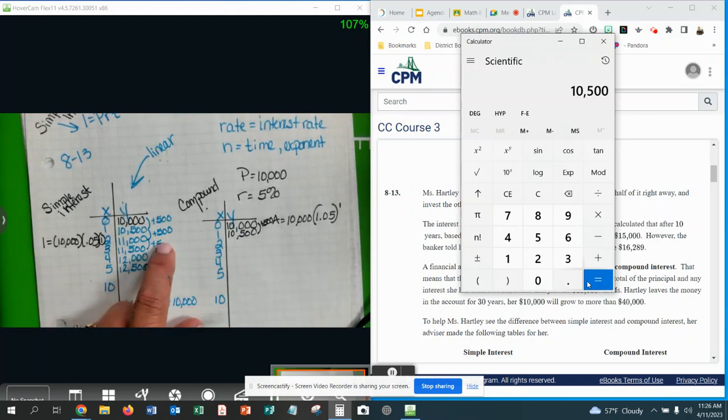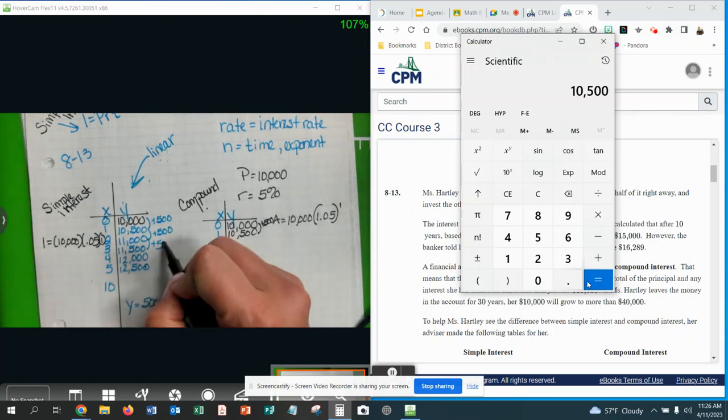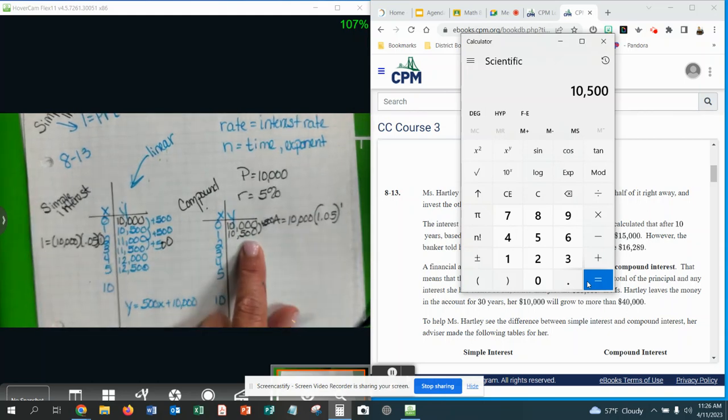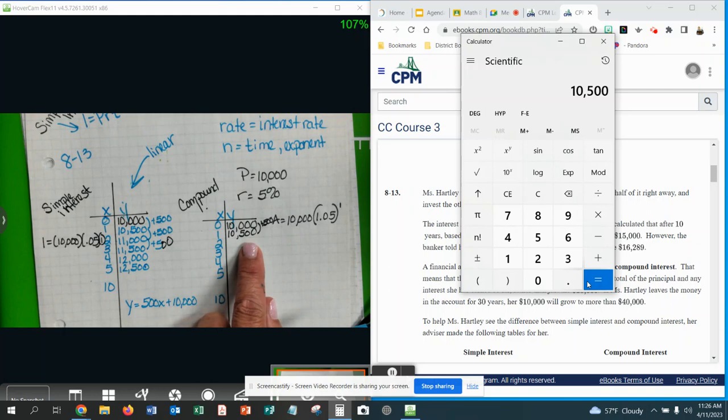But guess what? Instead of just adding 500 each time, I'm going to now multiply it by 1.05 again to get the second year. So watch this. 500 times 1.05 exponent 1.